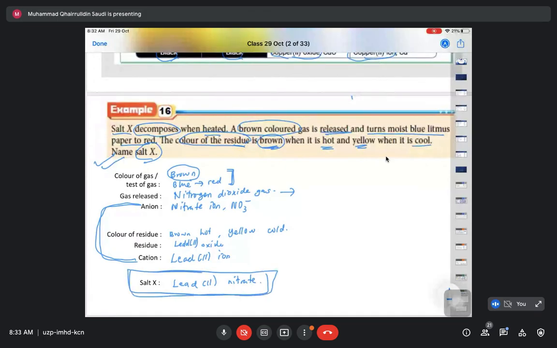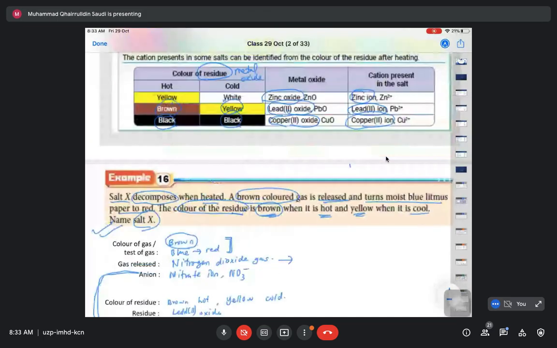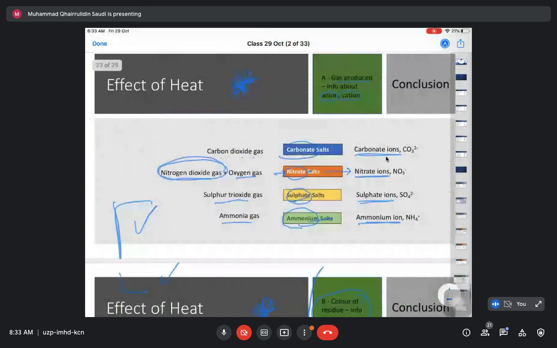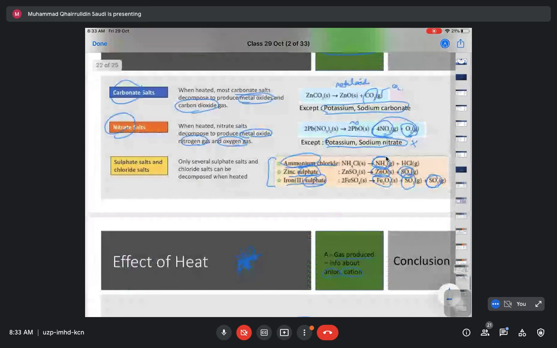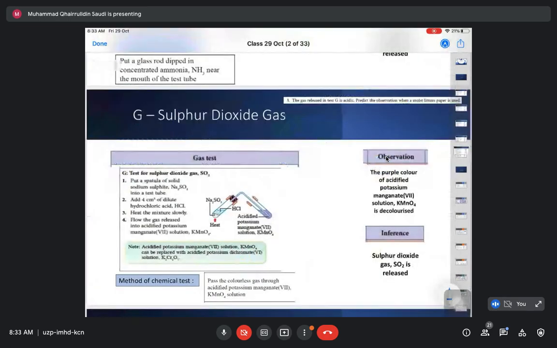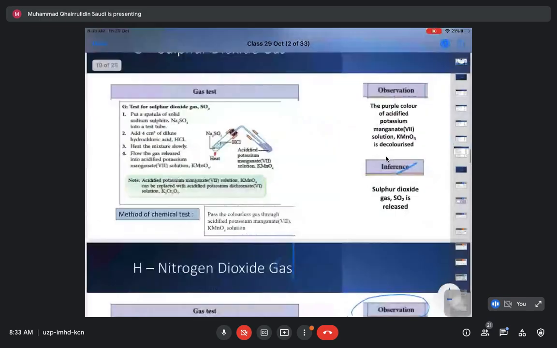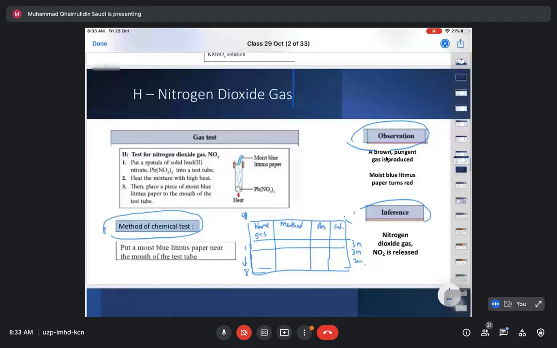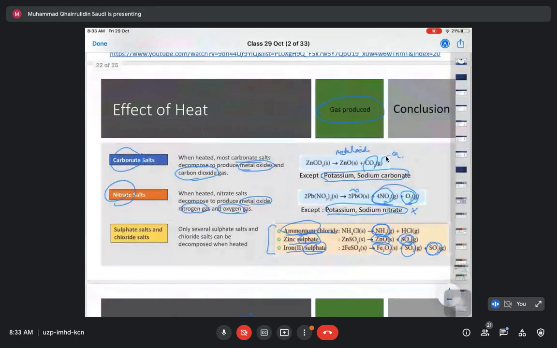Okay, so the things that are very important from our lesson today. The first one is this test, gas test. Do these notes. The table, the name of the gas, how to test for the gas, the observation and inference. This is the important one. The second important part of our lesson today is this slide.